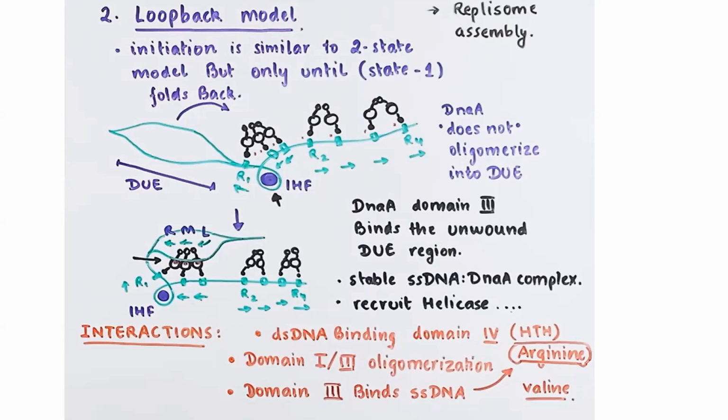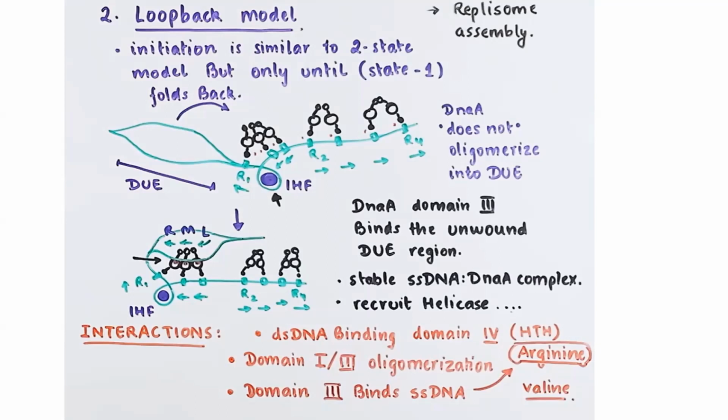Before we end here, I want to point out some of the amino acids involved in this interaction. The double-stranded DNA binding of DnaA domain 4 occurs through a helix-turn-helix domain, which contains arginine residues that scan the major and minor groove of the 9-mer repeats.